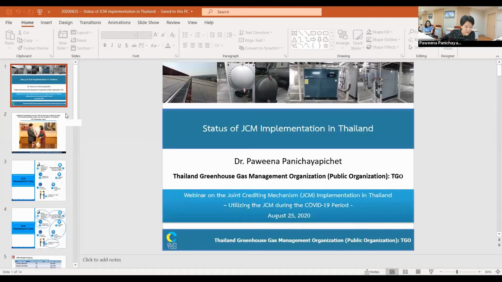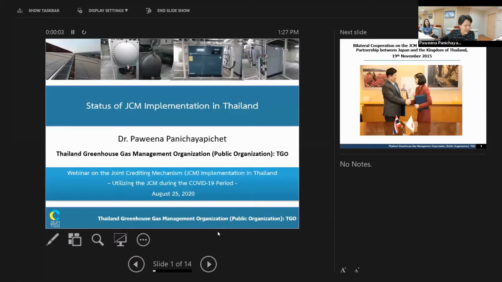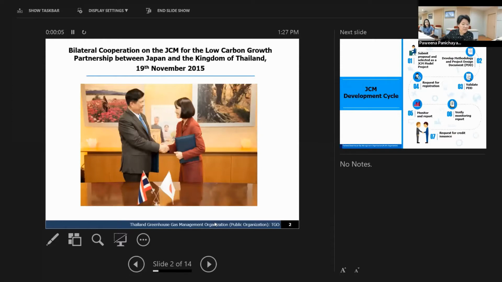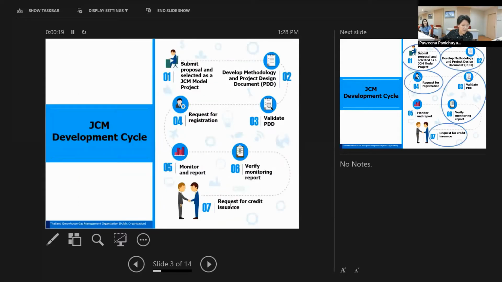Good afternoon everybody. For the status of GSM implementation in Thailand, starting from November 19th 2015 after the signing ceremony of the bilateral cooperation between the government of Thailand and Japan, we have many GSM model projects, as just described by our Deputy Executive Director, Dr. Natarika.